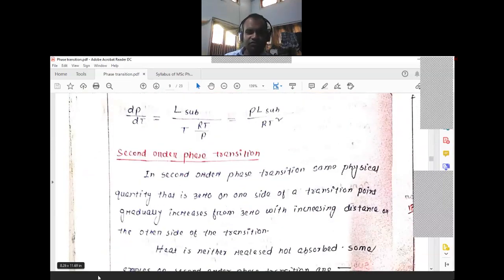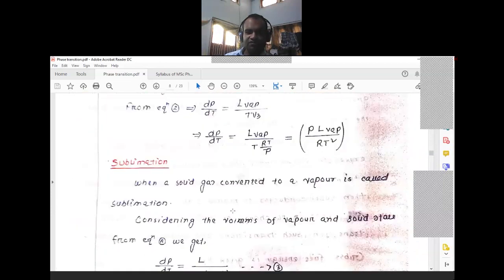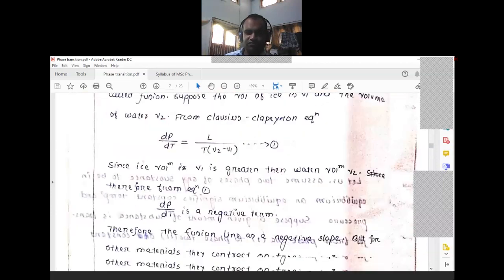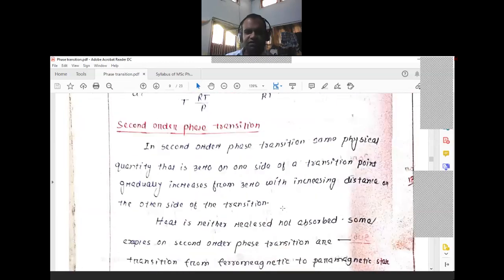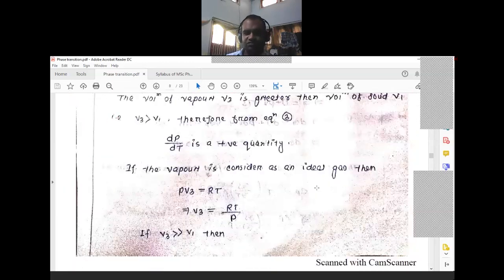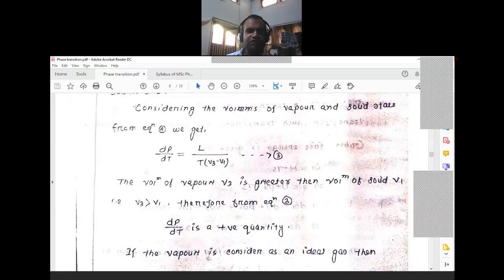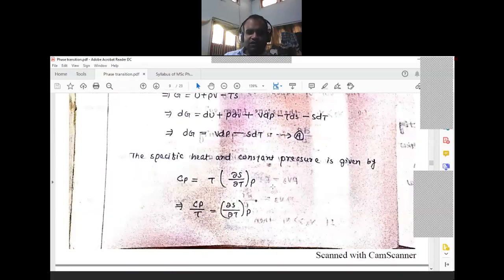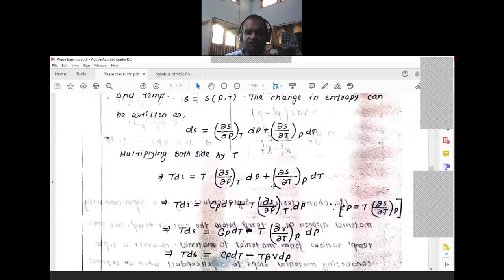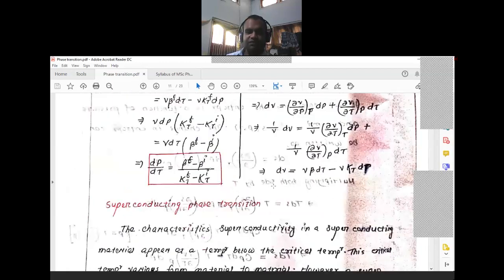Don't forget, because while checking exam copies of some students, I have seen they mess up this figure. Somebody writes solid here, somebody writes solid there, liquid here. That is wrong, and then the whole meaning changes and the figure becomes meaningless. So you have to be careful while writing these names: solid, liquid, and vapor.